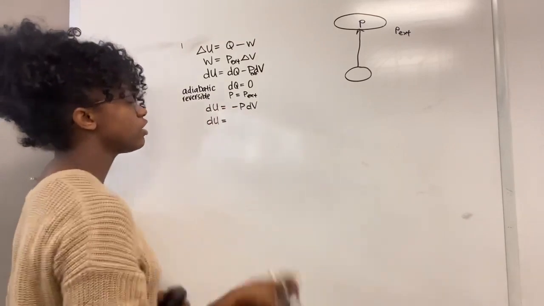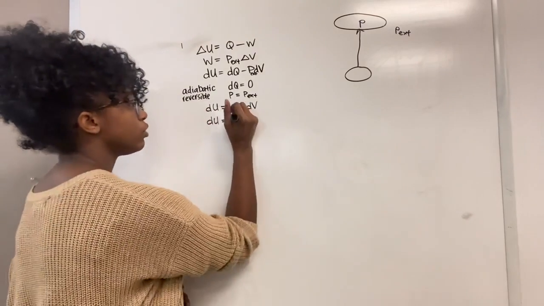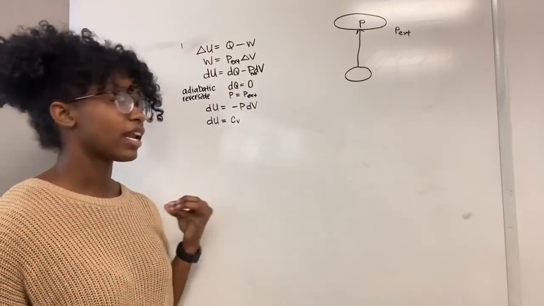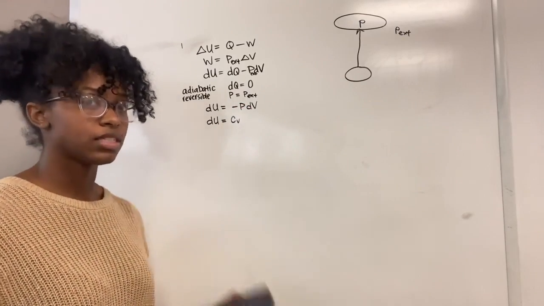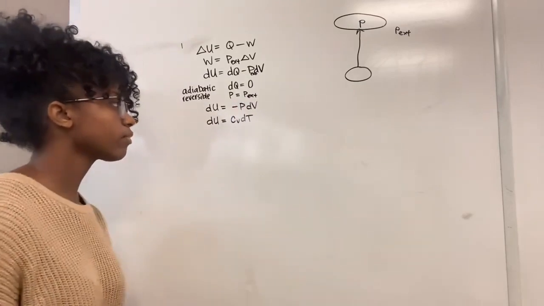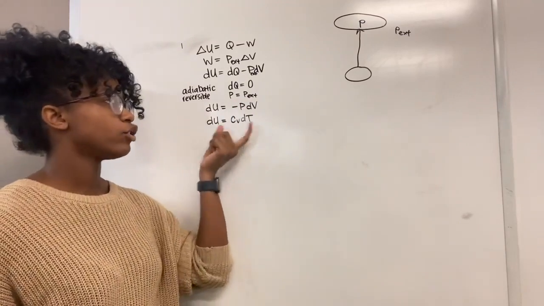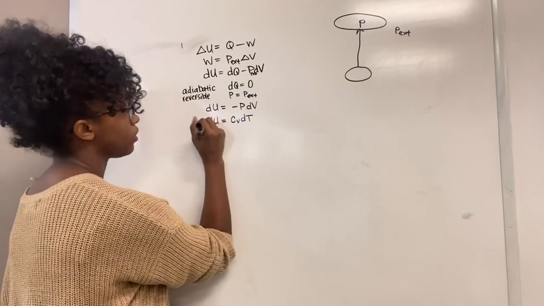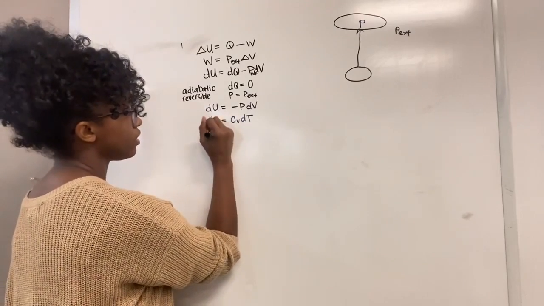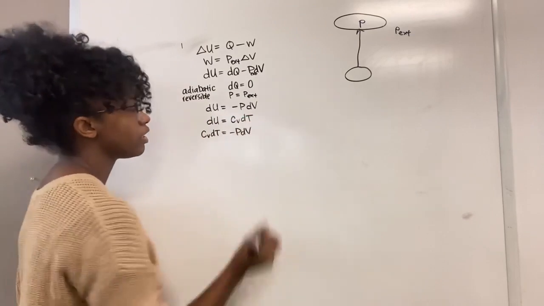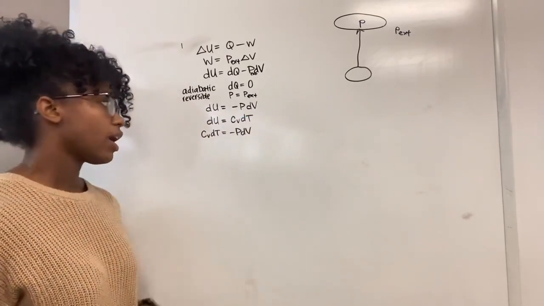And we can say that the changes in internal energy are equal to the specific heat, or the heat capacity at a constant volume, times dT, or the change in temperature. And so now we have a new expression for dU, which we can replace so that Cv times dT is equal to negative P times dV.